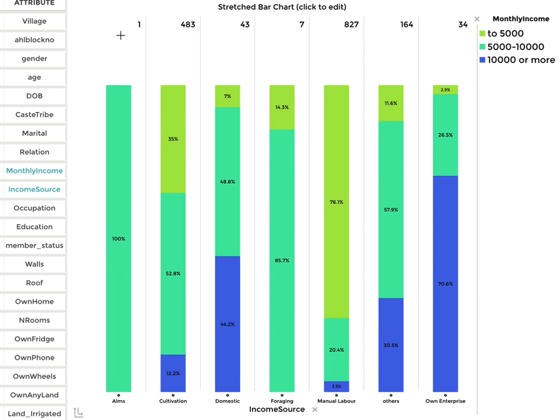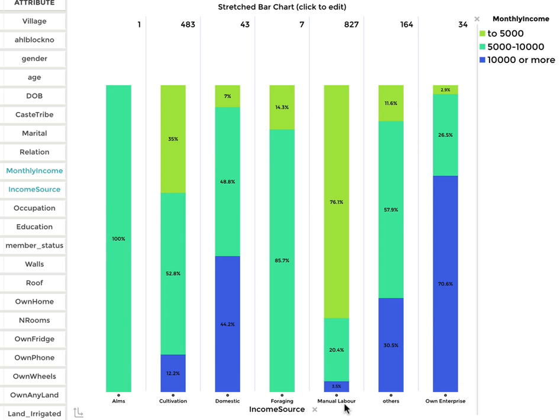Only one person in this entire sample is actually a beggar and relies on alms. But 483, roughly 1/3 of the people in the sample, rely on cultivation. Remember also that 10,000 or more is the lots of money, and the light green is not very much money. So this column is about cultivation, and this column is about manual labor. Once again, we see cultivation people make more than the manual labor people.